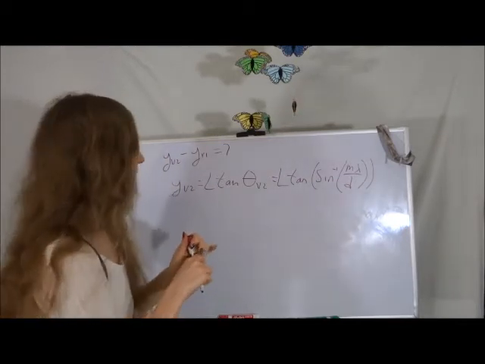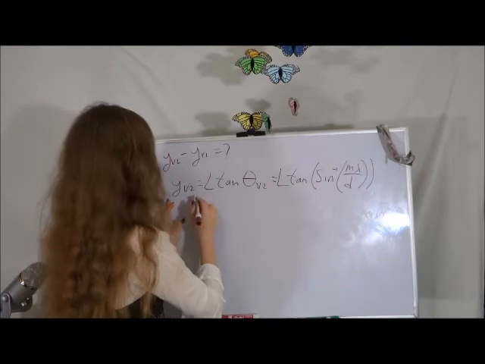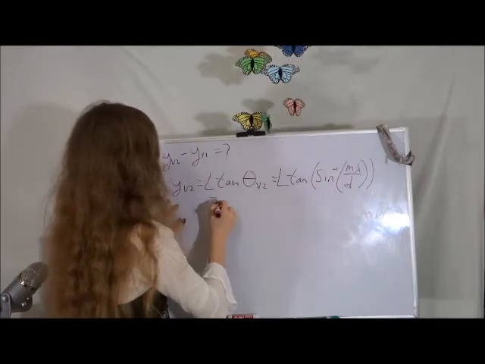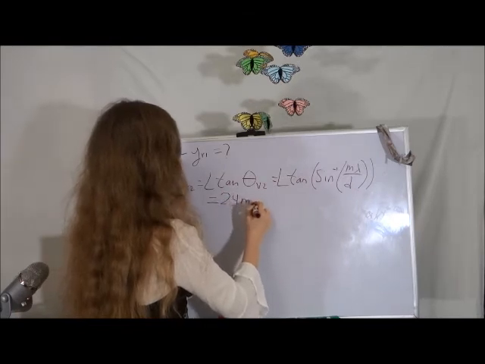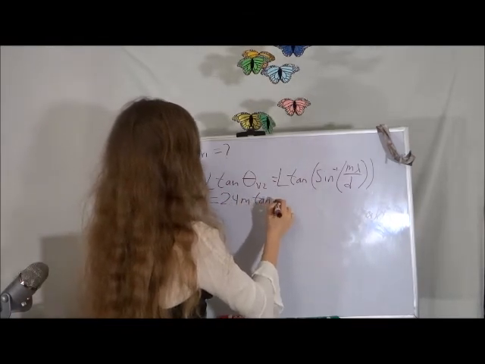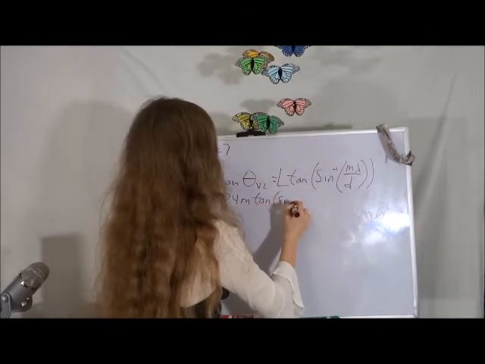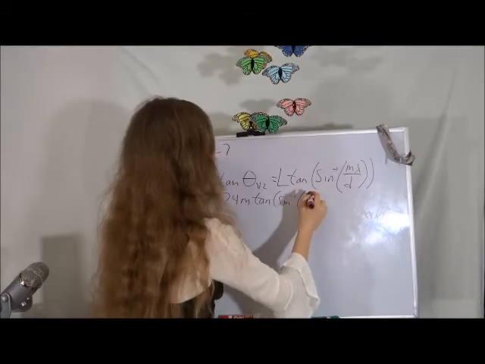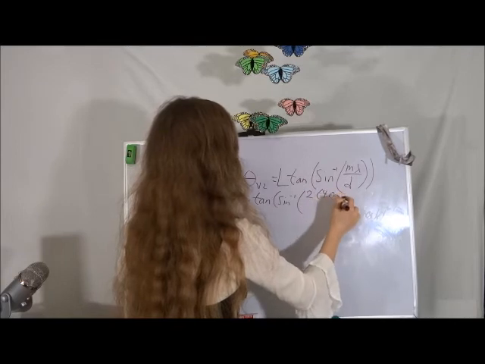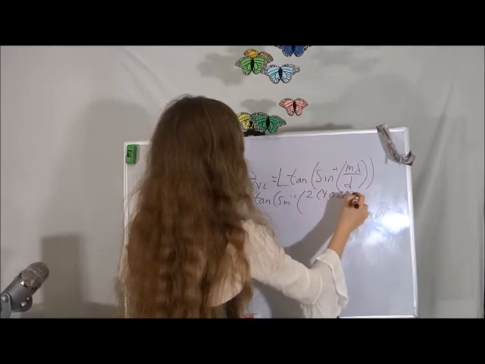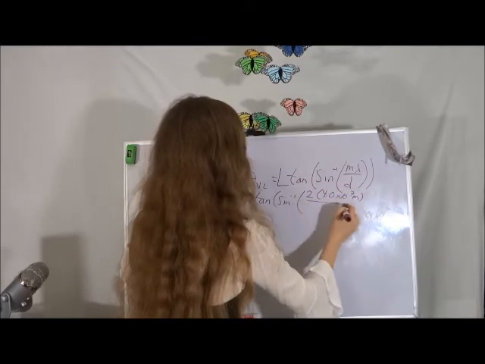So then we're going to have, this is going to be equal to, well, our L is 2.4 meters. Then we're going to have the tangent of the arc sine of, and now our m is 2. Our lambda is 4.0 times 10 to the minus 7 meters.